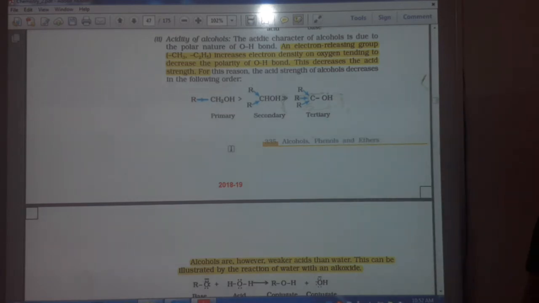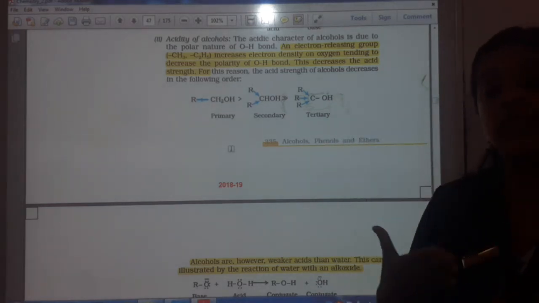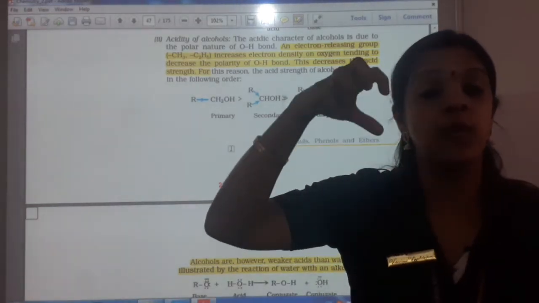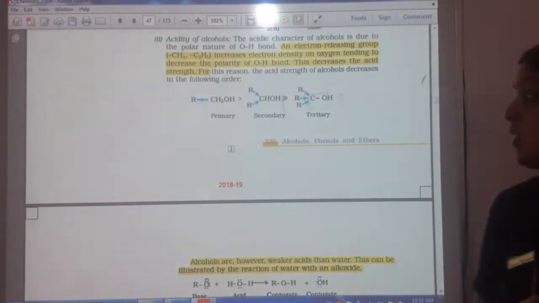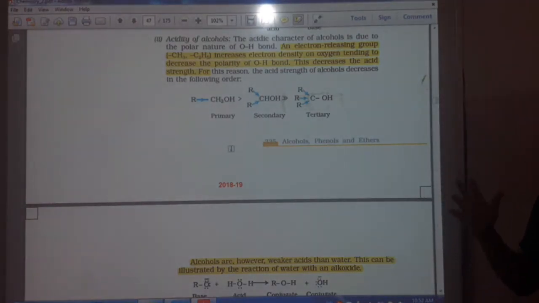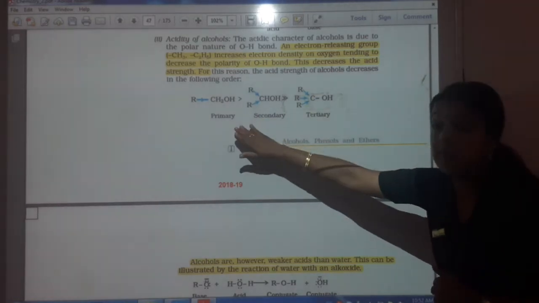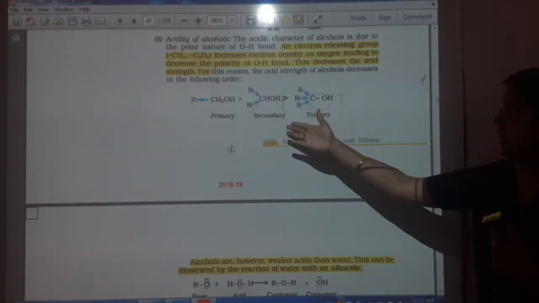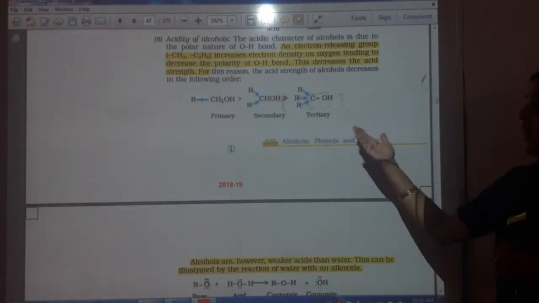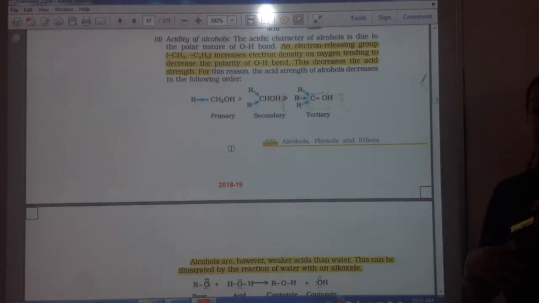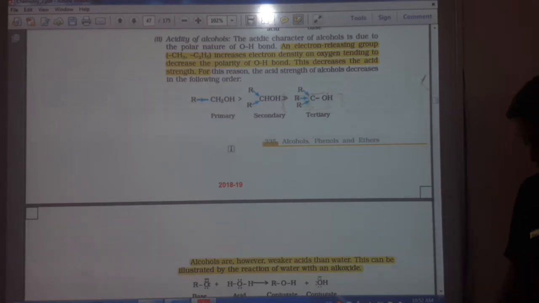So what does it mean? As the number of electron releasing groups increases, the polarity of the OH bond actually decreases, because the electron density on oxygen increases. So we will say primary is more acidic than secondary, which is more acidic than tertiary. So when compared to secondary and tertiary, primary alcohols are more acidic in nature.